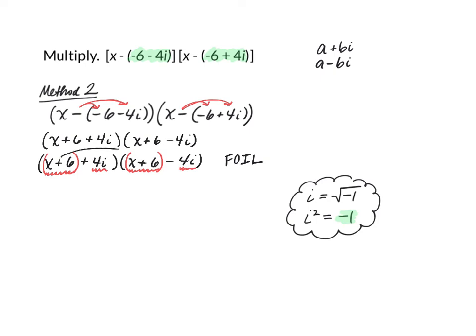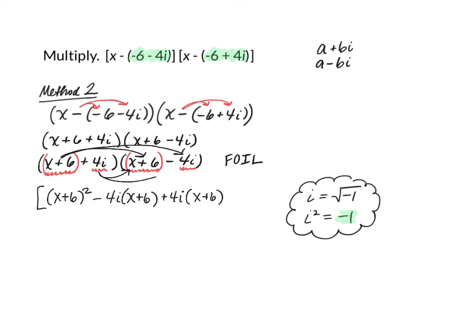So we'll be multiplying the quantity x plus 6 times x plus 6, and that will get us x plus 6, the quantity squared. Then outside will be x plus 6 times negative 4i, so that's negative 4i times x plus 6. Inside will be a positive 4i times the quantity x plus 6.